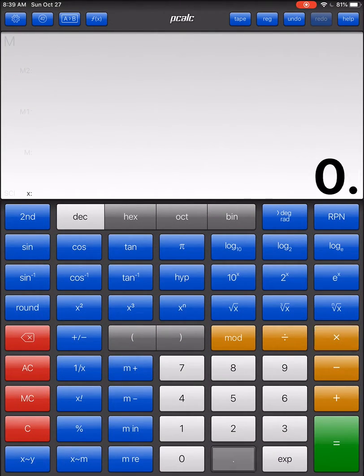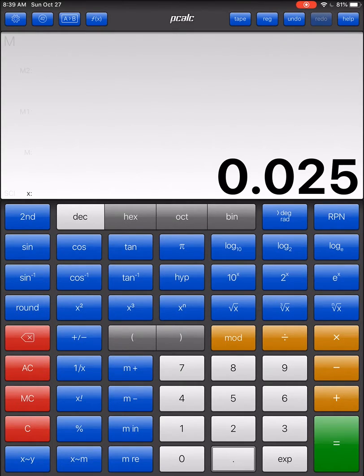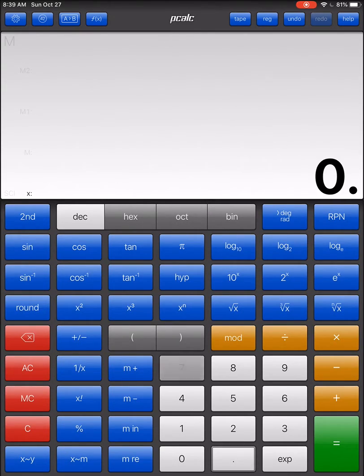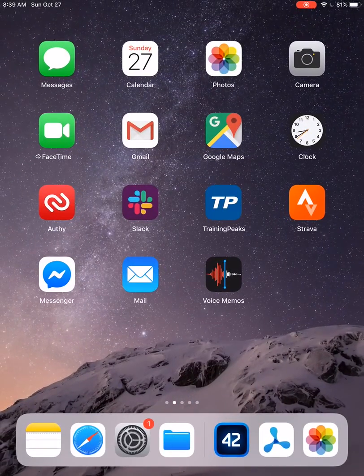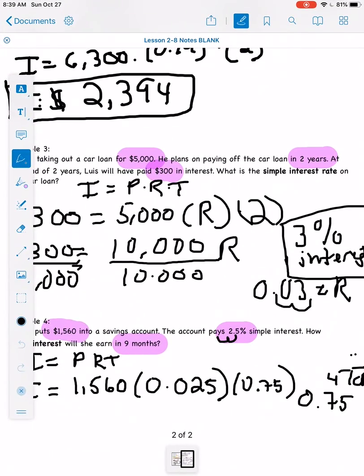I can multiply that by my rate, which is the 2.5%, that is a decimal, and then multiply it times the 9 months, which is 0.75 as a decimal. So I get a total of $29.25 as the amount of interest. So she's going to earn $29.25 in interest over those 9 months.